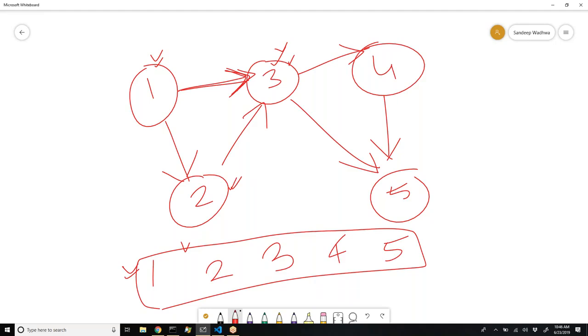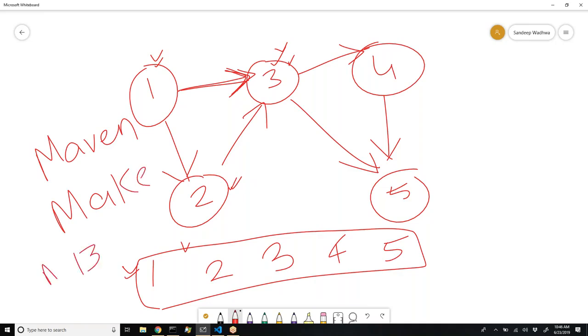In the real world, have you used systems like Maven? Java people should be aware of Maven. Makefile in C++, MS Build for C# folks. These build systems, when you have bigger projects with source code files, you write a class, another file uses that class, or you write a function in one file, another file is using that.